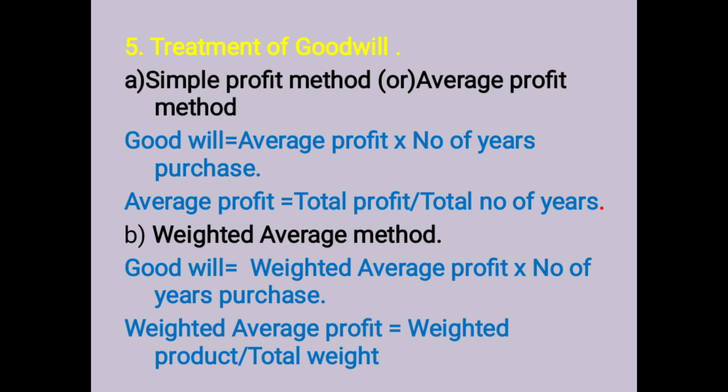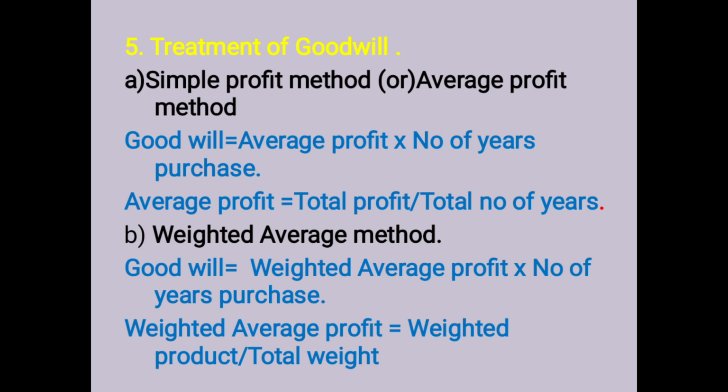In this method, profits of some years, preferably 3 to 5 years, are added, and this total is divided by the number of years whose profits have been added, and thus the average profit is found out. The average profit is multiplied by the number of years in which the anticipated profit will be available to arrive at the value of goodwill.